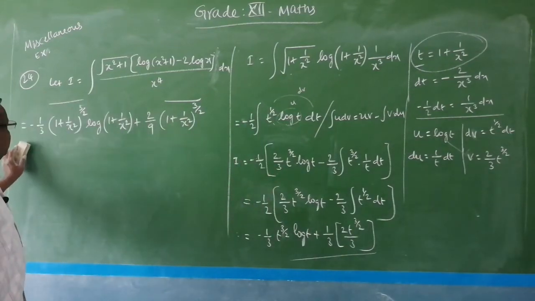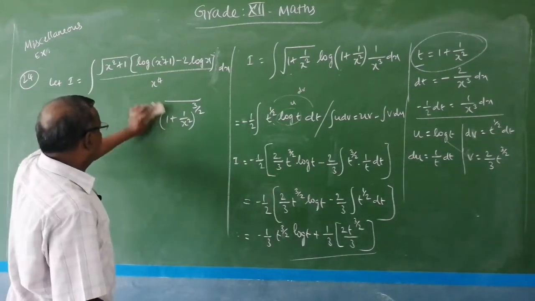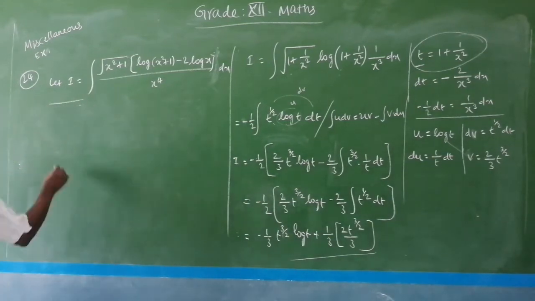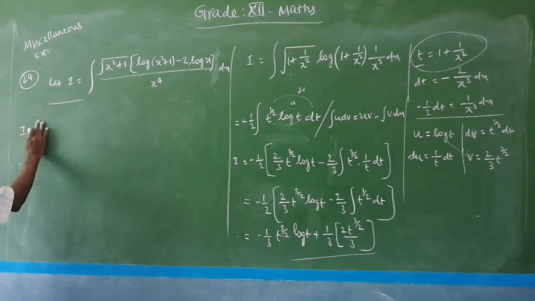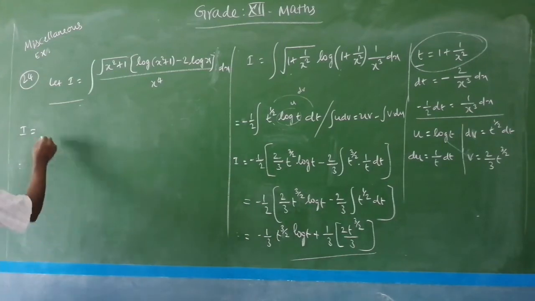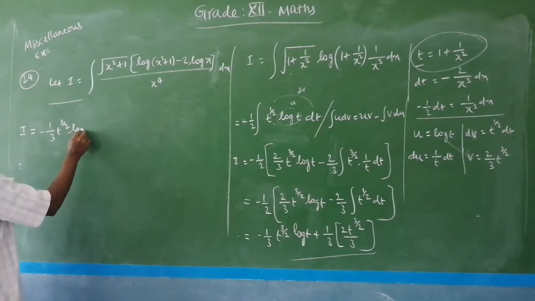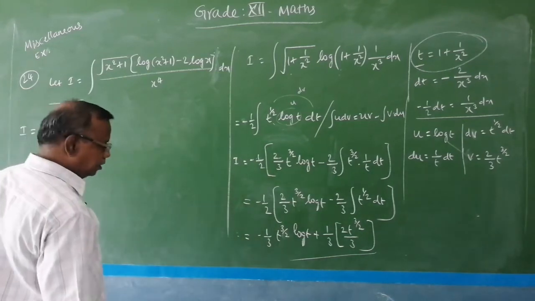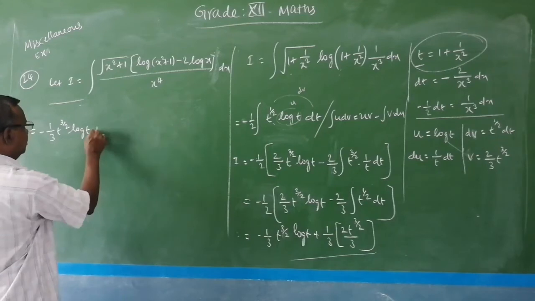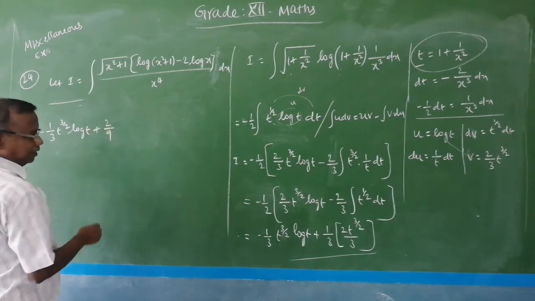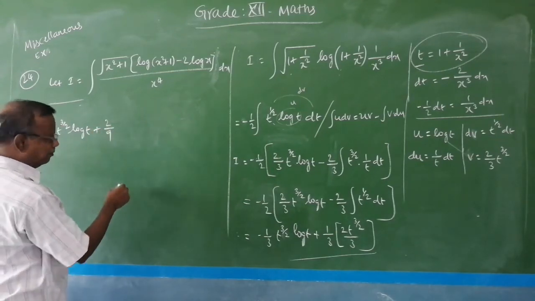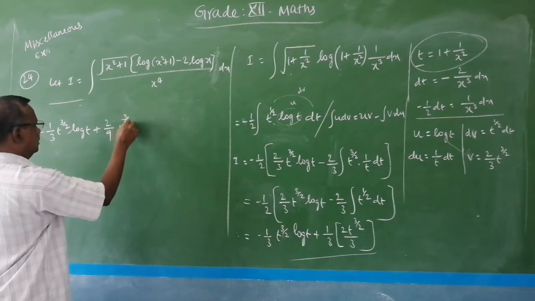Now we can expand this. I equal to minus 1 by 3 t power 3 by 2 into log t, and plus 2 by 9 into t power 3 by 2.